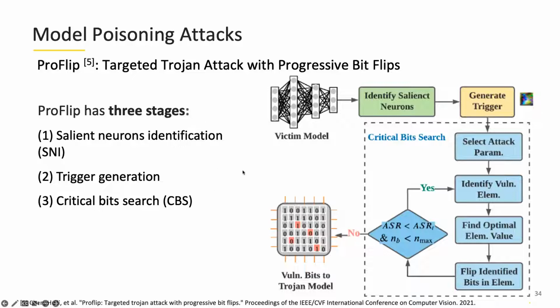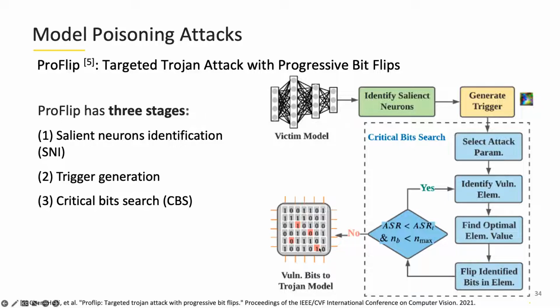In the second step, the trigger pattern is generated, which we visualize as a square pattern here. And in the third step, ProFlip finds the critical weight bits that can be flipped to achieve the adversary's goal, which are denoted by the red grids here.